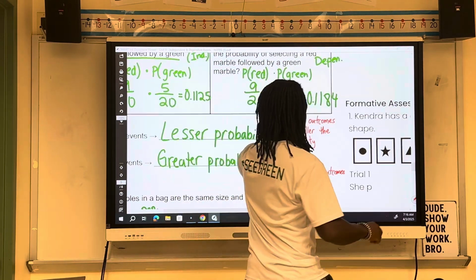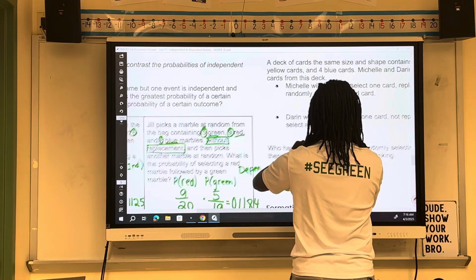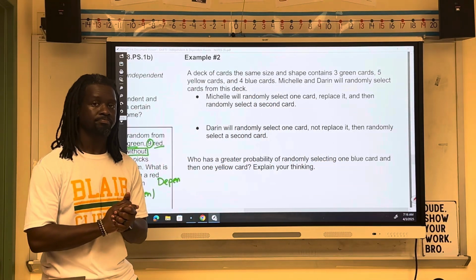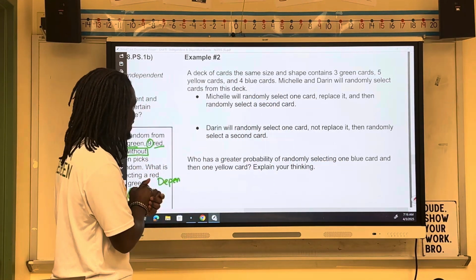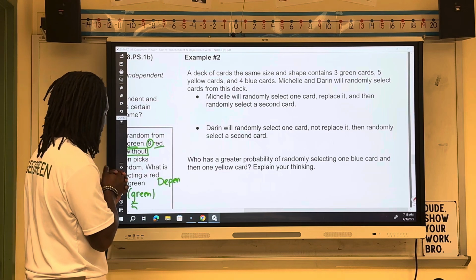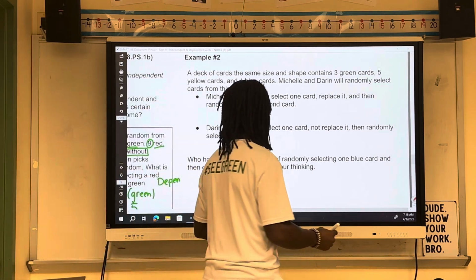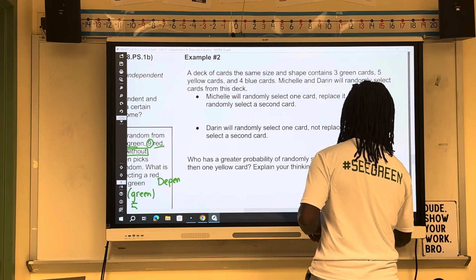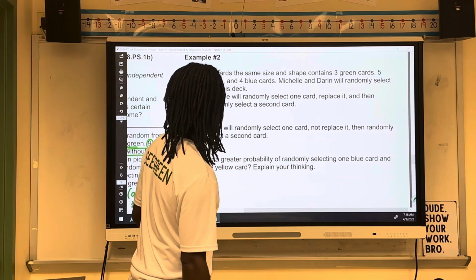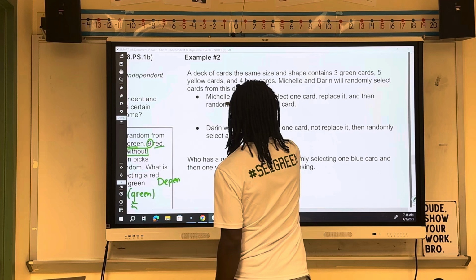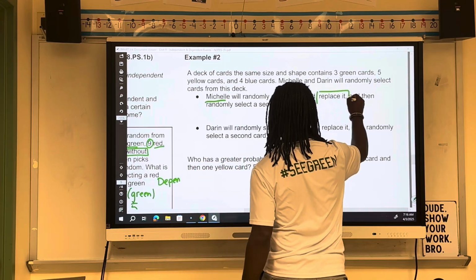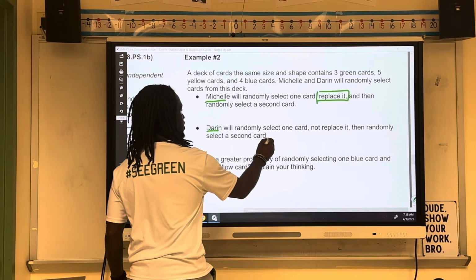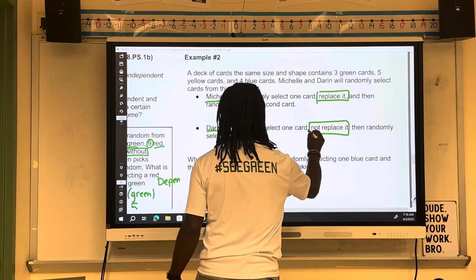All right, we're gonna do one more to just drive this point home, all right? So, hey, I'd love for you to go ahead and try to do it on your own, and then you can use this to check your answer. All right, so Michelle replaces, all right, then gets a second card. Darren selects one card, does not replace it, okay?